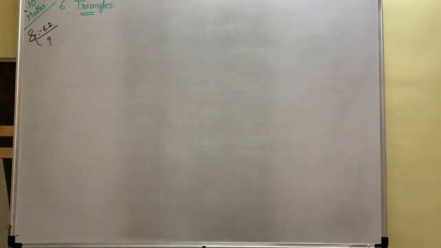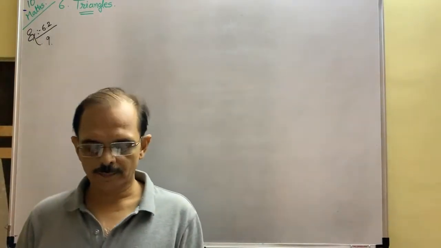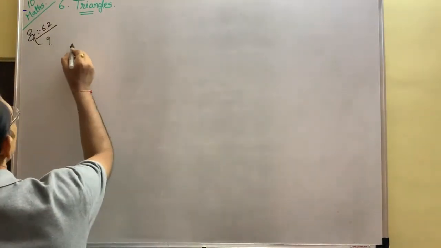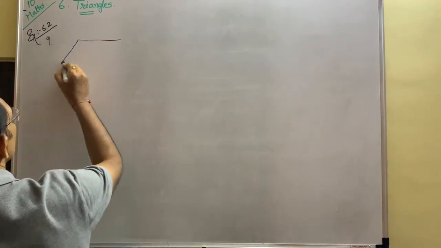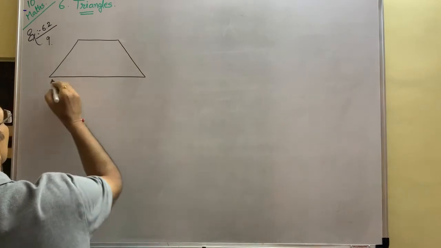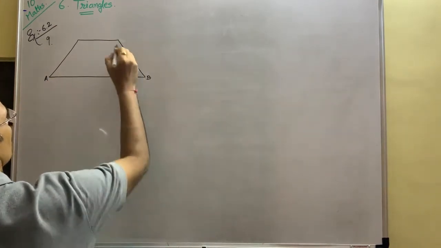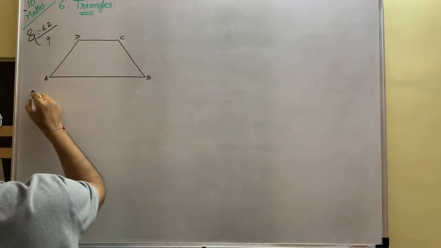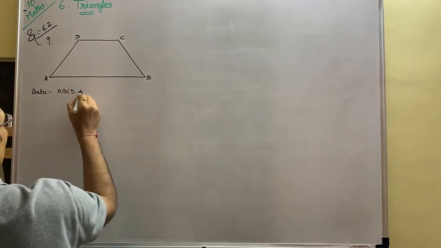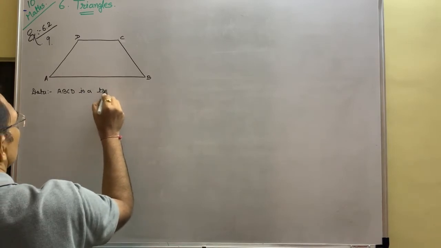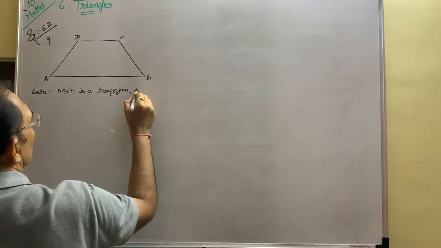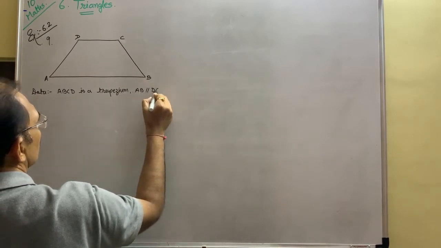Let us start question number 9. ABCD is a trapezium in which AB is parallel to DC. Data: ABCD is a trapezium, AB parallel to DC, okay?